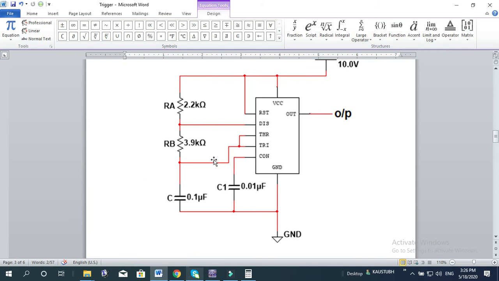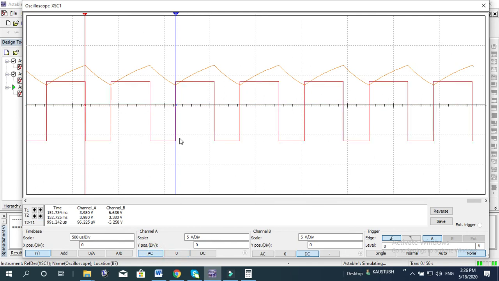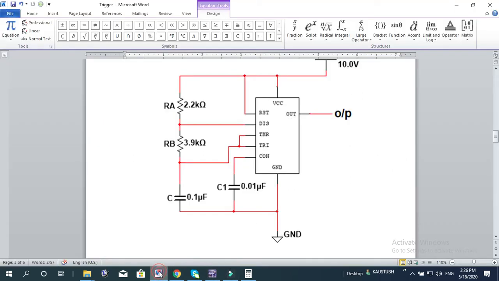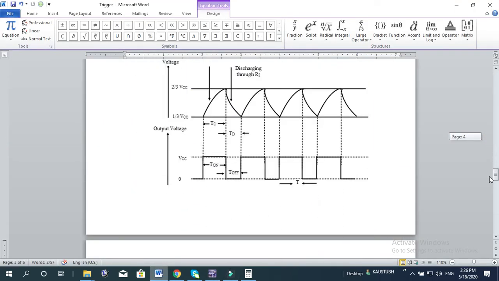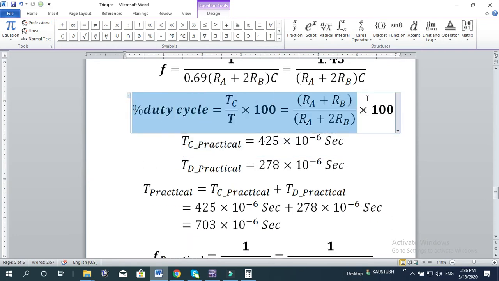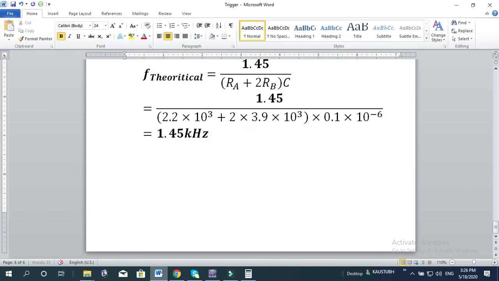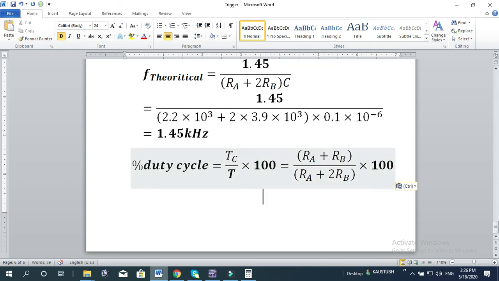Now this astable multivibrator can be used as a square wave generator. But right now, as you see here, this waveform is not a perfect square wave. That means on time and off time are different. I have not calculated the duty cycle, right? So you have to calculate the percentage of the duty cycle also. It is TC by T, into 100.